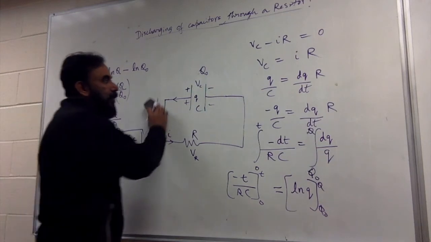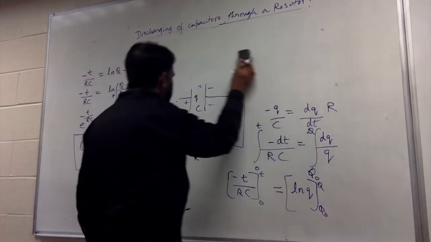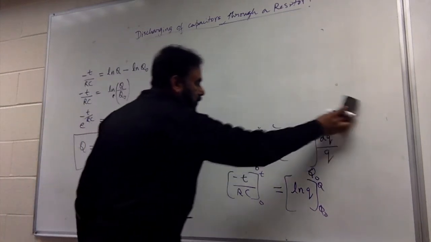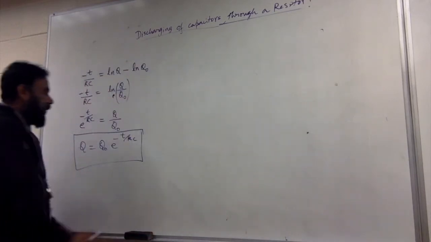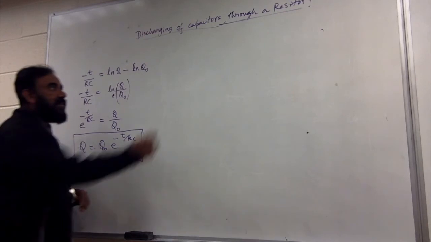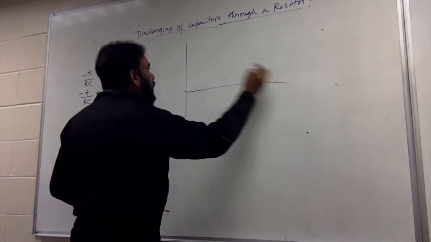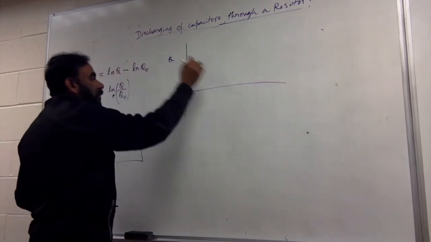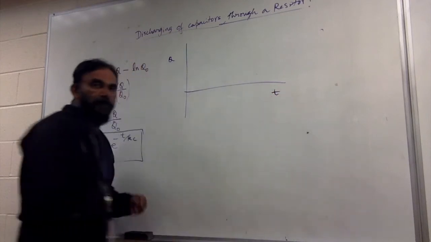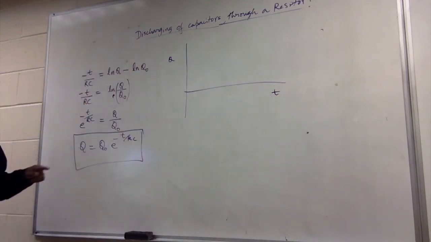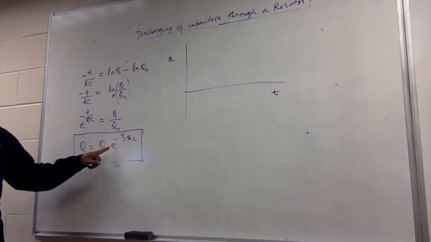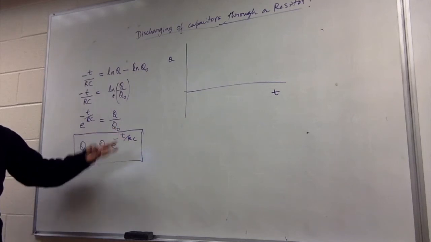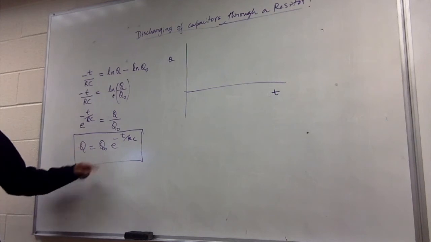Okay. Now plotting this on a graph, this is how the graph will look. Q versus time. When time is 0, e to the power of minus 0, so what will be Q?